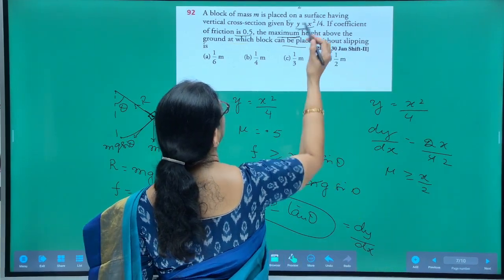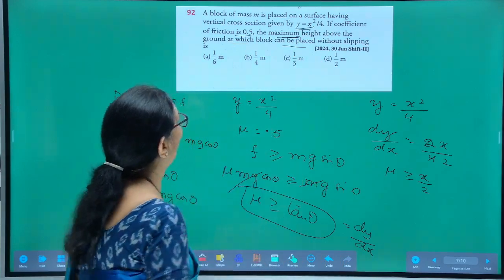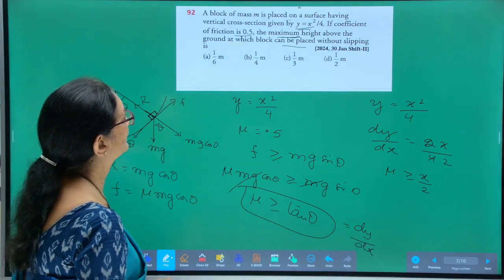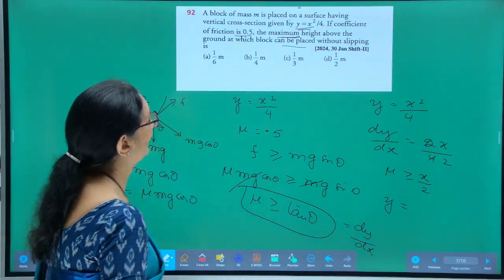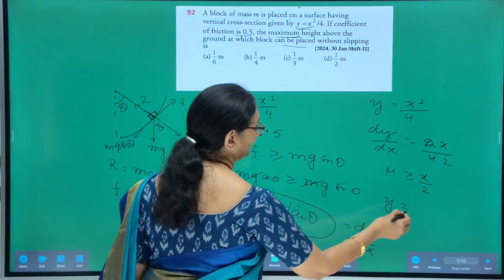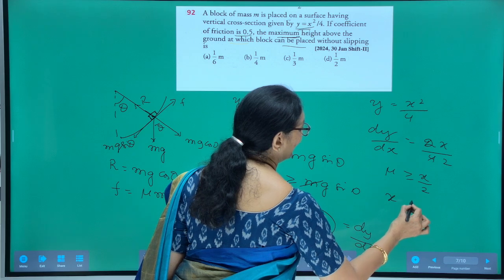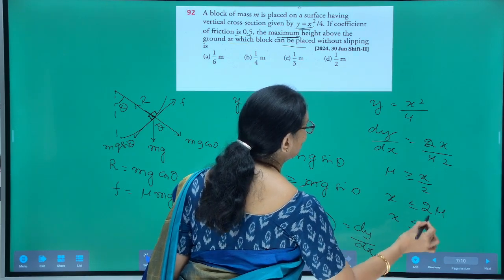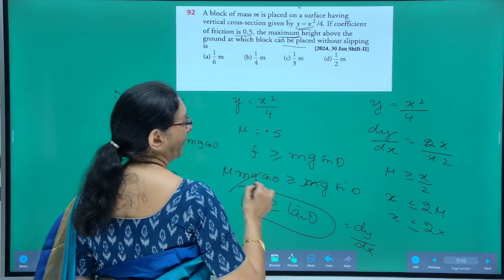So what is asked is the maximum height at which the block can be placed without slipping. So y is equal to x square by 4. So here from this what can we say? Mu is greater than or equal to x by 2, or x is less than or equal to 2 mu, or x is less than or equal to 2 into mu, and mu is given as 0.5.